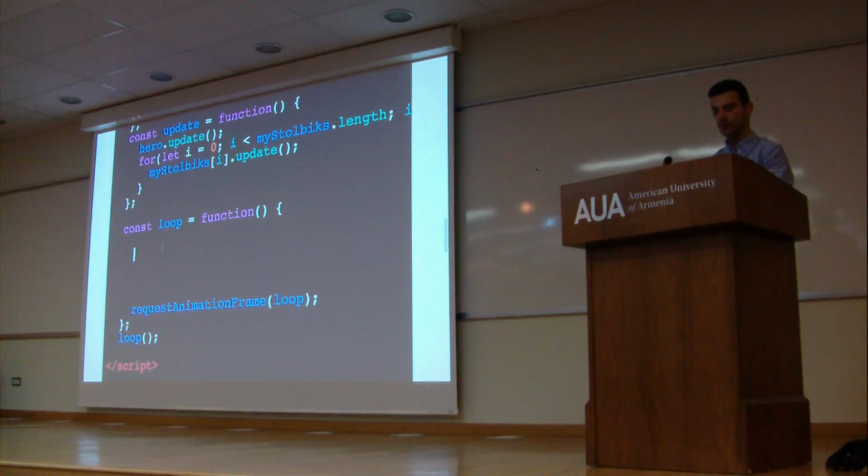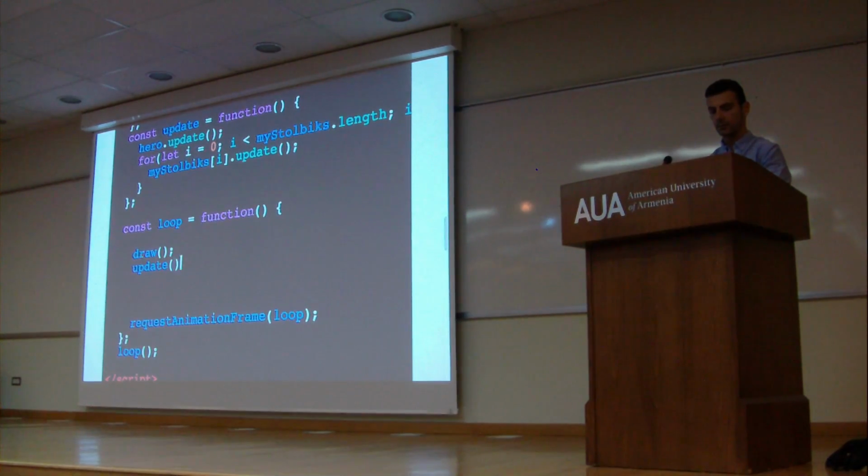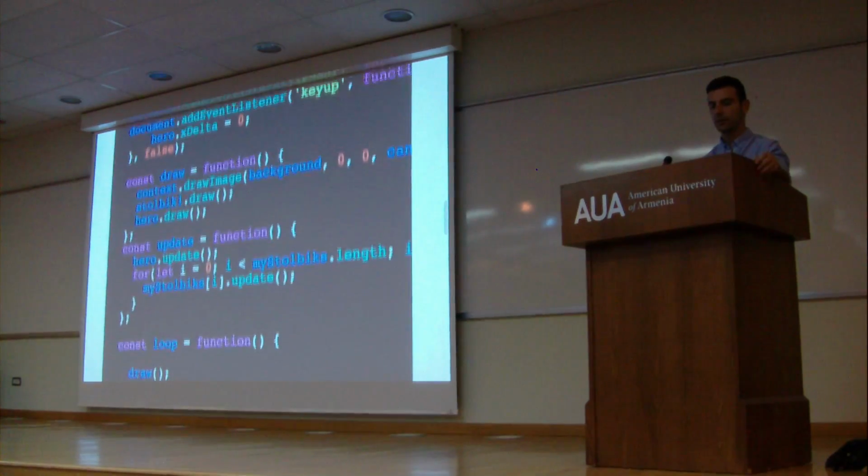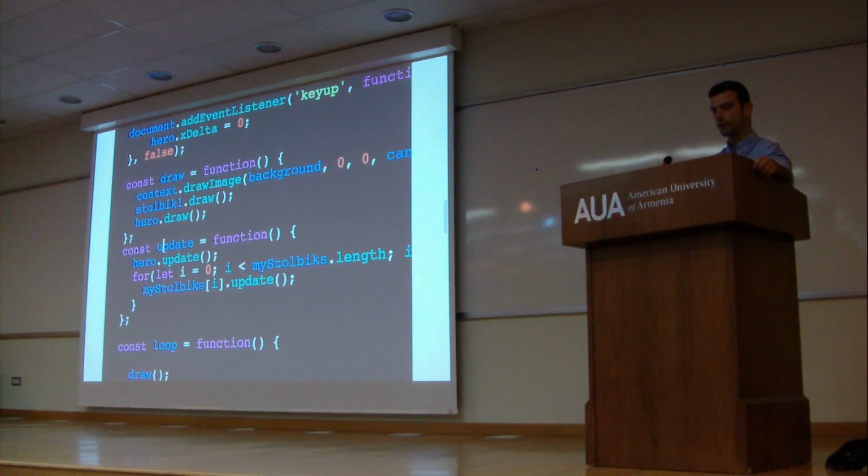And then from loop, you simply call draw and update. That's cleaner. So update is responsible for calling the update of every element. Draw is responsible for calling the draw of every element. A lot of people were confused by this, so I want to make sure that this is clear.